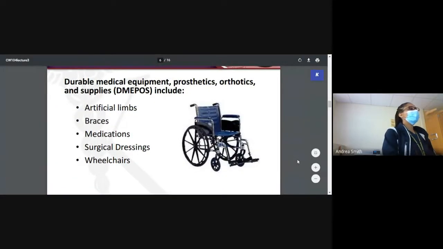So again, DME OPS, durable medical equipment, prosthetics, orthotics, and supplies will include artificial limbs, braces, medications, surgical dressings, and wheelchairs. And this is just a small list of examples of what DME OPS stands for.